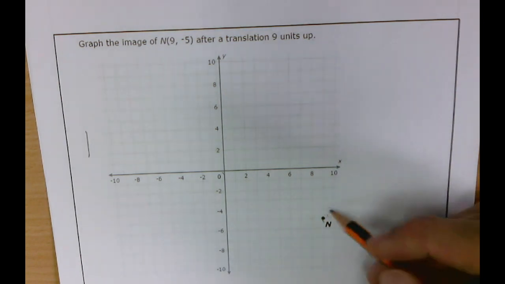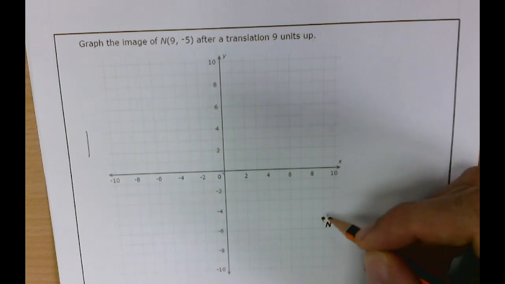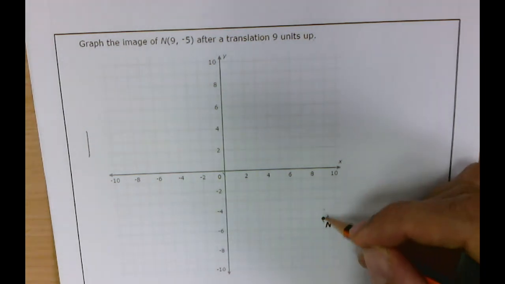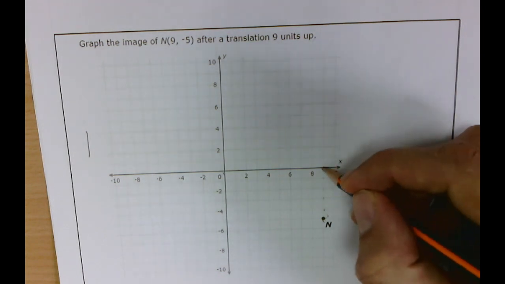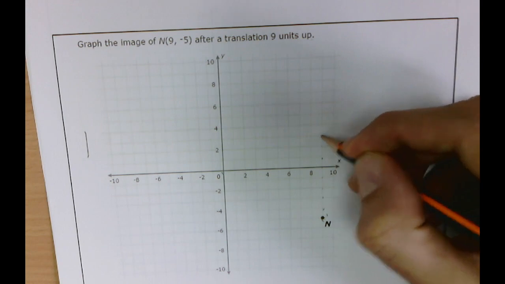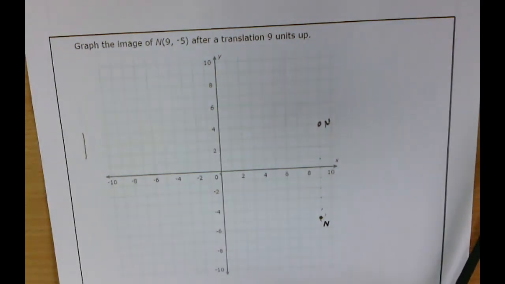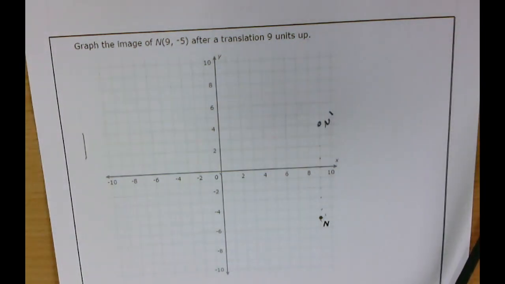Now remember, when you're counting on a graph, it's important to count the corners. So this isn't 1 here, but this is 1 here. So let's count together. 1, 2, 3, 4, 5, 6, 7, 8, 9. It's important to label your letter with a little dash above it like this. There we go. We've translated our point N up 9 spots.